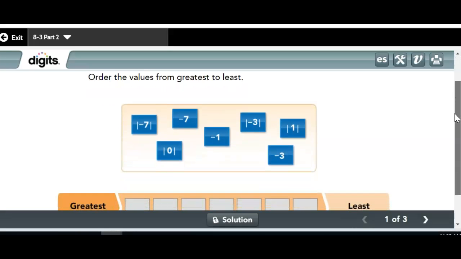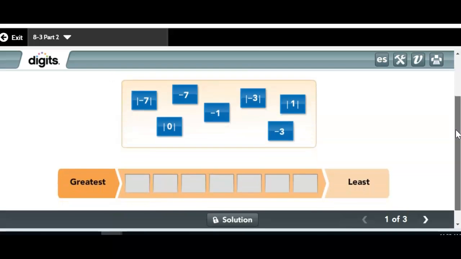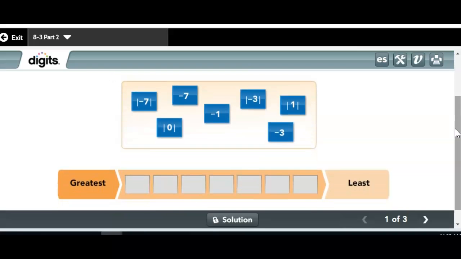Okay, looking at part 2. We're going to order these values from greatest to least. What's our key words here? Melody. Greatest to least. We're going to do this one together, then you have a problem to try on your own. Alright, greatest to least. What number has the greatest value here?